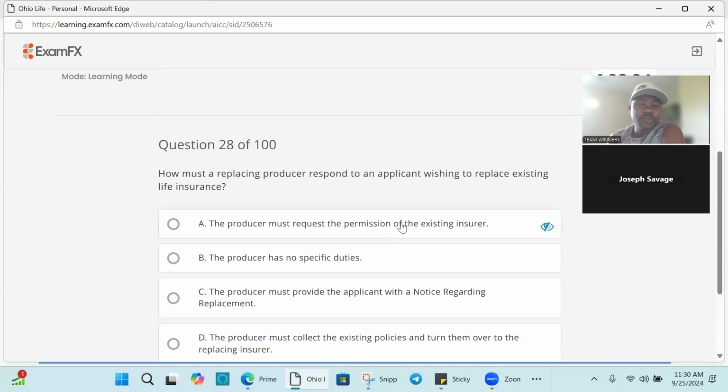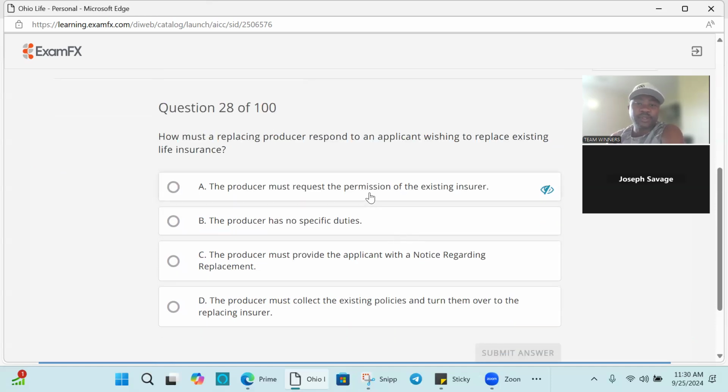How must the replacing producer respond to an applicant wishing to replace existing life insurance? The producer must request the permission of an existing insurer. Producer has no specific duty. Producer must provide the applicant with a notice regarding replacement.